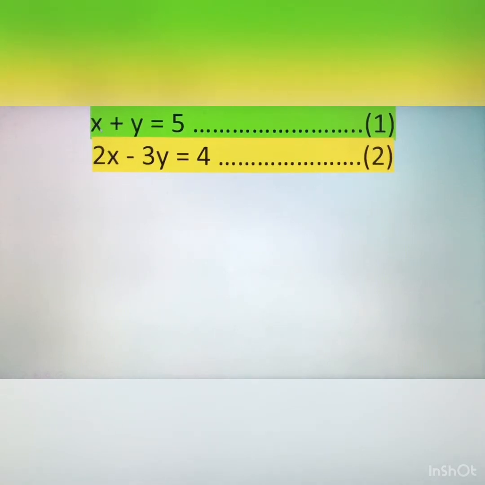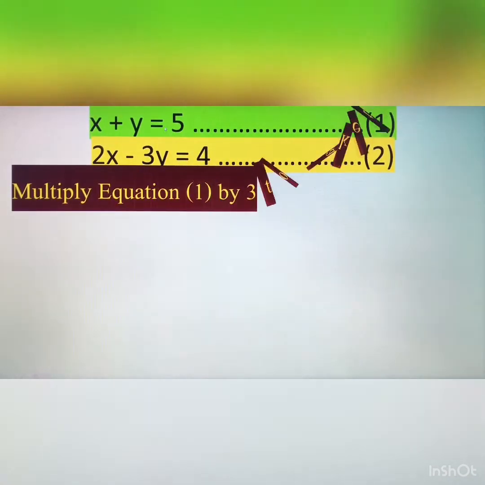If we multiply here by 2, then the coefficient of x will be equal, and if we multiply equation by 3, then we will get the coefficient of y equal. So select any one. Let's select y, the coefficient of y. So we will multiply equation number 1 by 3.